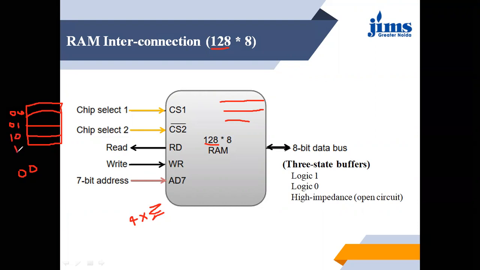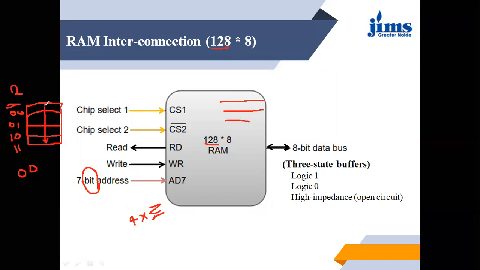Means when we have to represent any word in the memory, that depends on the number of address lines. If I have 2 bits, then I can access only 4 memory locations.